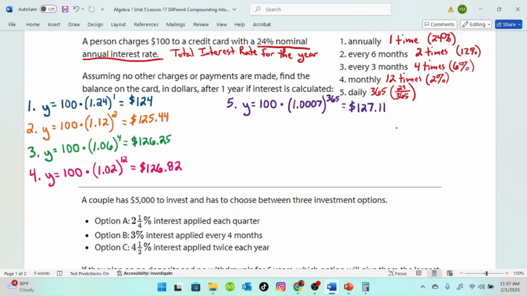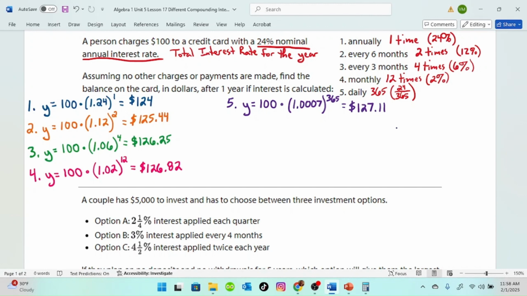So here we can see that even though a credit card company would be allowed to claim this 24% nominal annual interest rate, by having you pay the interest more often, you actually end up paying more money.